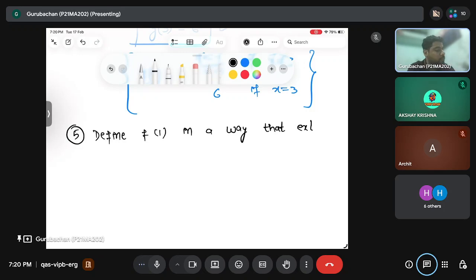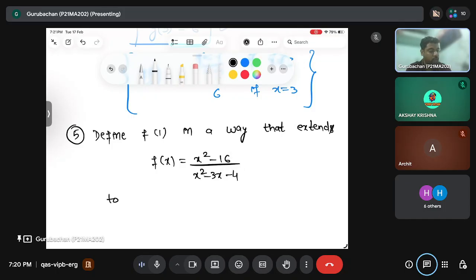So here, in these questions, they are themselves hinting that your function is discontinuous at that point and you want to make it continuous, and this can happen only in the case of removable discontinuity.